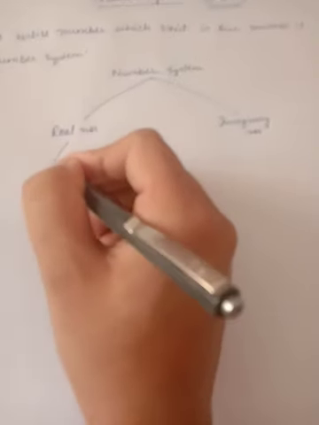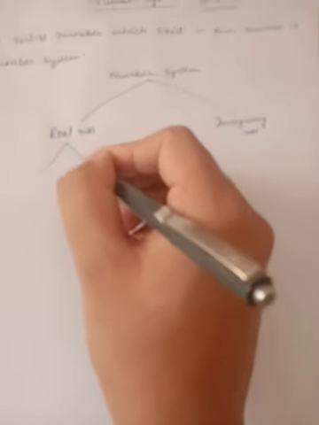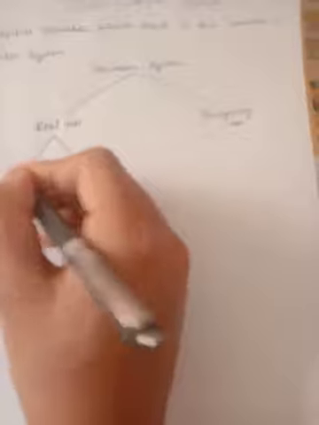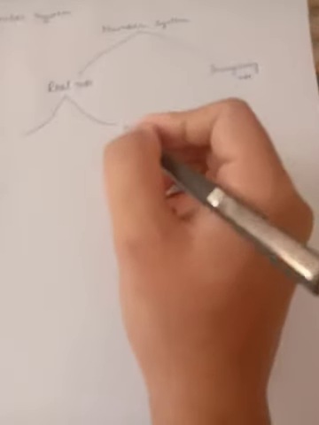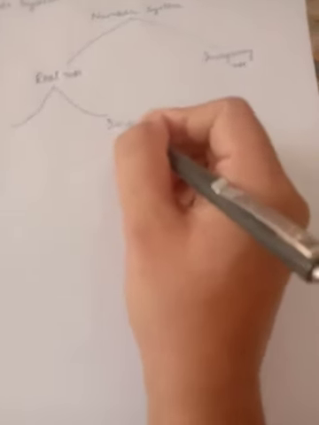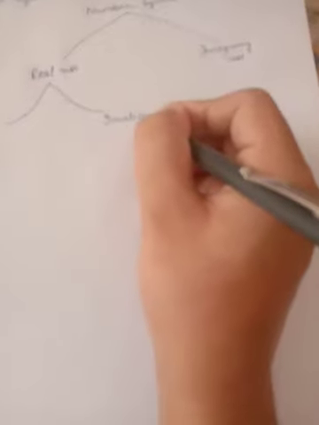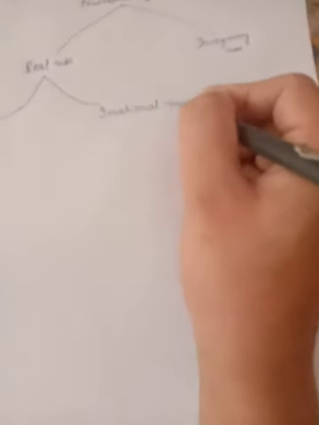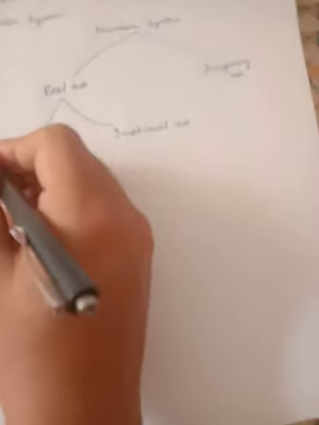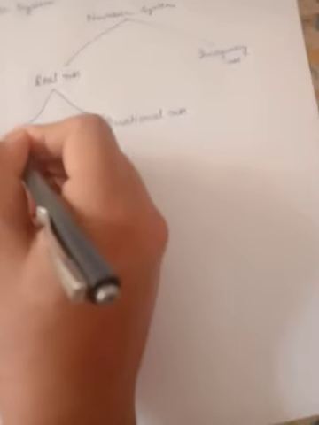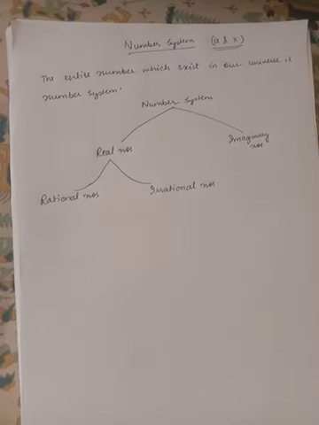And what about the real numbers? The real numbers are divided into two major parts. One is irrational numbers and another is rational numbers. If you get it clear.